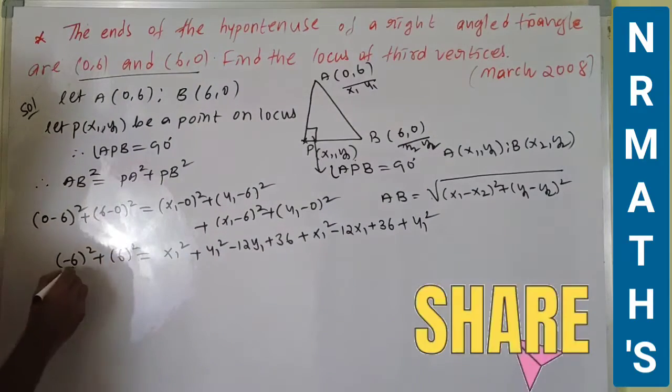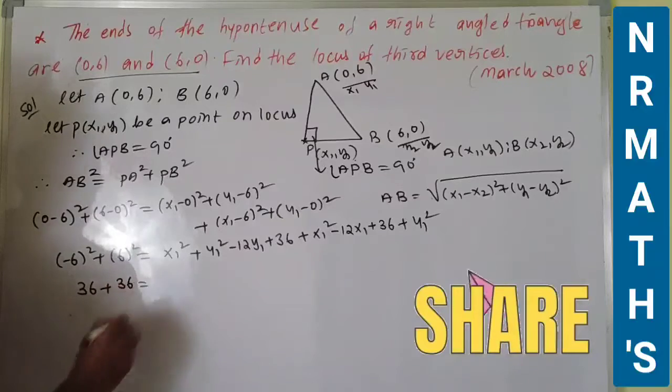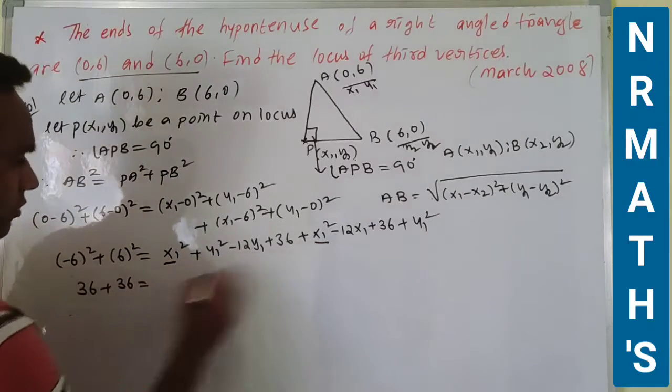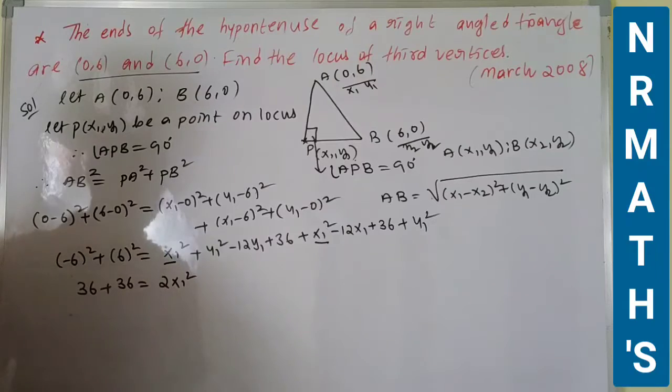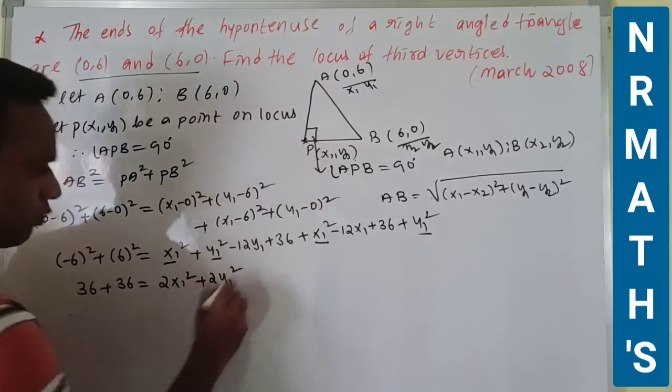Here minus 6 whole square is plus 36, plus 6 whole square is plus 36. Here x1 square gives 2x1 square, and y1 square gives 2y1 square.